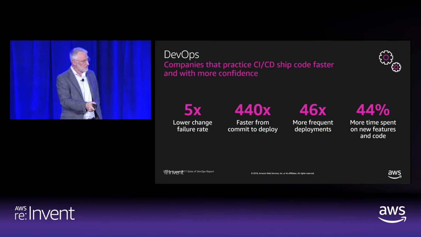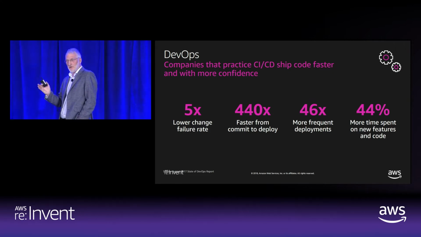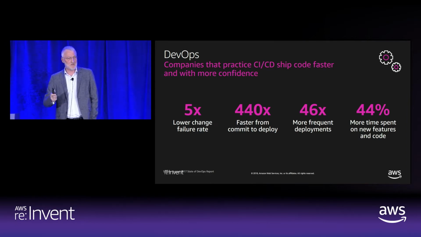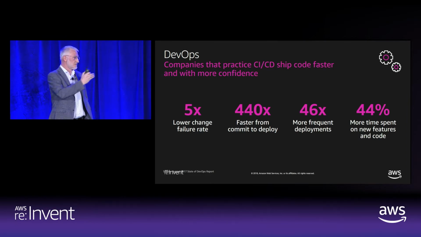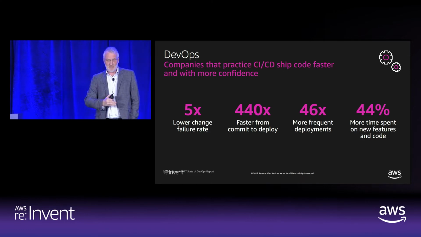But my favorite number is the 440 times faster from a commit to deploy process. Speed matters in companies. Getting to the market faster, getting things to your customers faster is really the differentiator today. The faster you can go, the faster you can get things out to your customers, the better off you are. And DevOps allows you to do that.